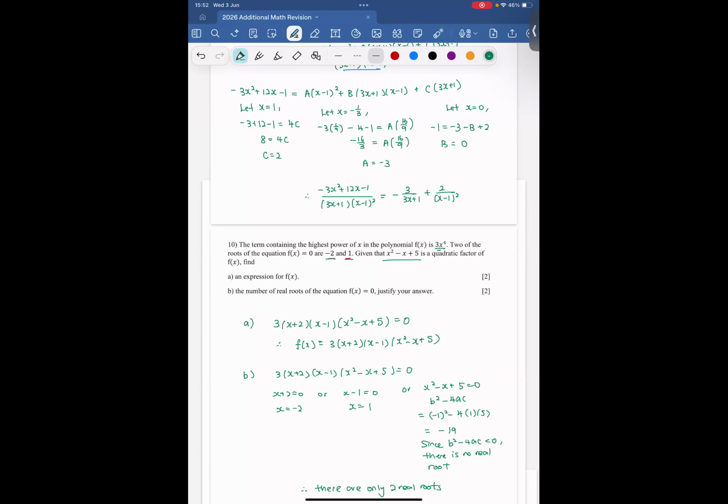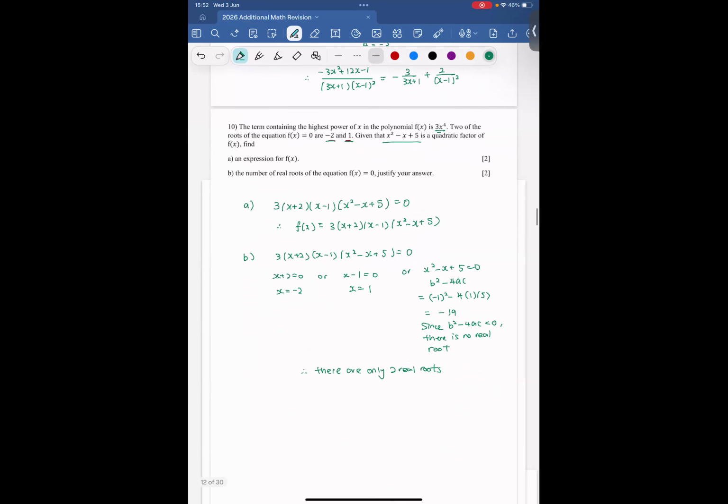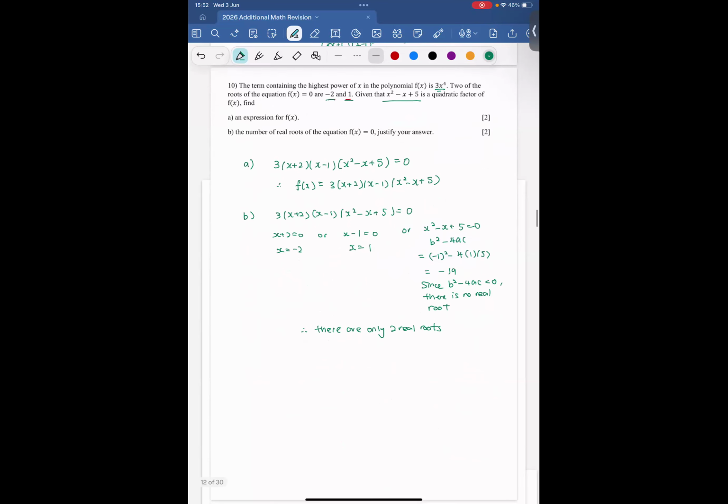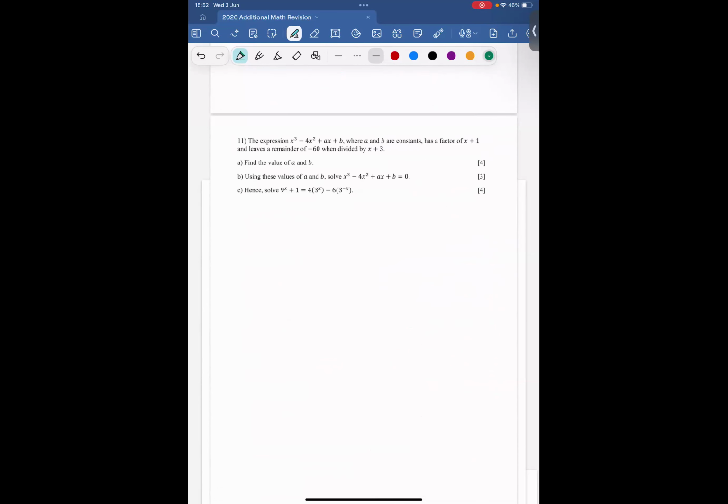Okay, can I move to 11? The expression, where a and b are constants, has a factor of this and leaves a remainder of this. Find the value of a and b. So let f(x) be this so that it's easy to present your work. f(-1).